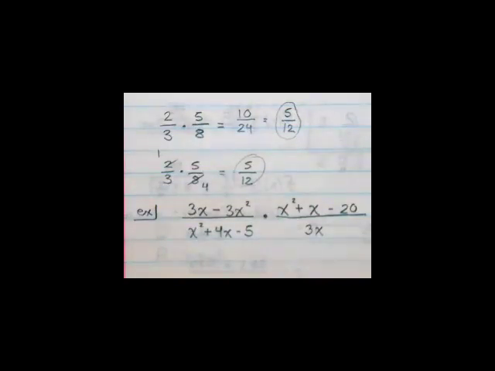Okay? So we're going to do it like this one. Okay? So each one of these pieces, you're going to check to see, can I factor it right now? And then take a look at what might cancel out from the top and the bottom and that sort of thing. And after that's done, then you can go ahead and multiply it all together and see what you got. Okay? So, take it one at a time.